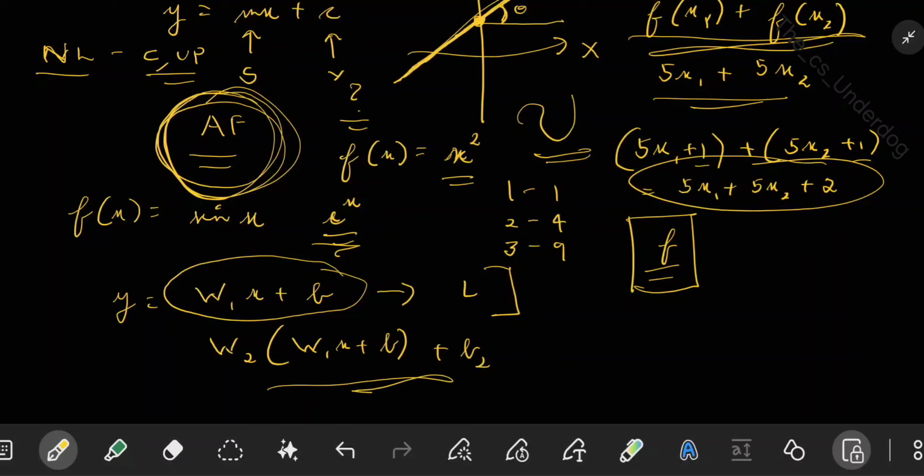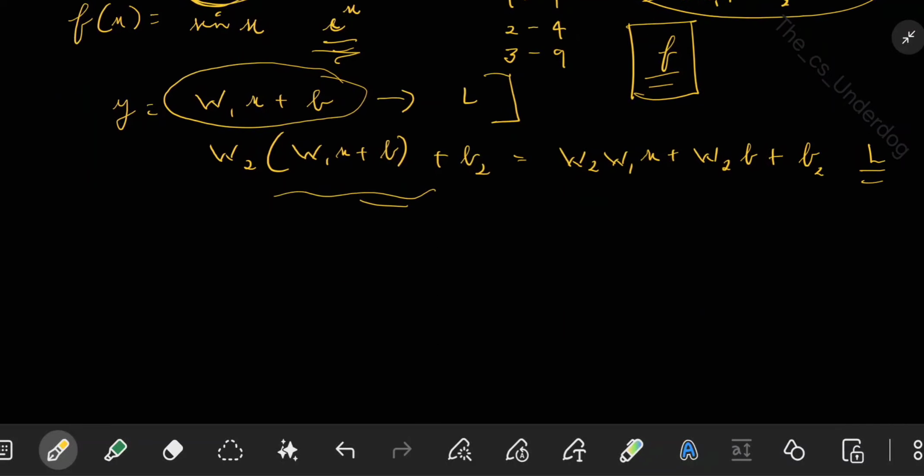Instead, if I make this transformation w2 into w1x plus b plus b2, then still I can expand it as w2w1x plus w2b plus b2. So this is still a linear function. It is still a linear transformation. I want to show you when it becomes non-linear. So you can see that even in this, there is no activation function used.